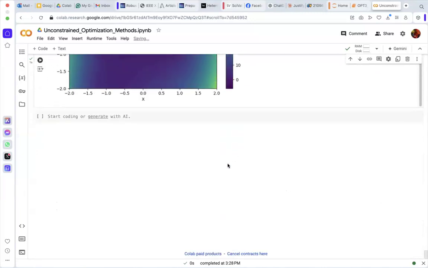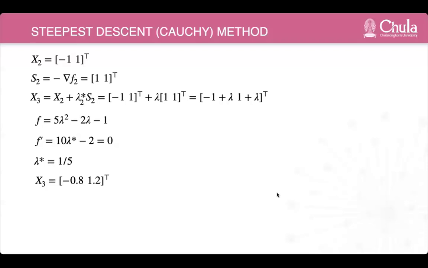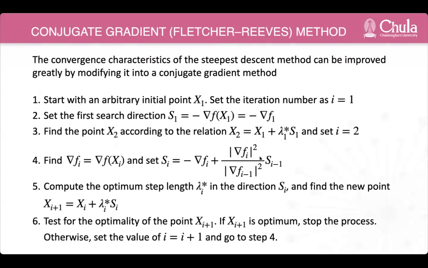Okay. The next algorithm is conjugate gradient. Sometimes people call it the Fletcher-Reeves method. In the Fletcher-Reeves method, the direction is updated every time.